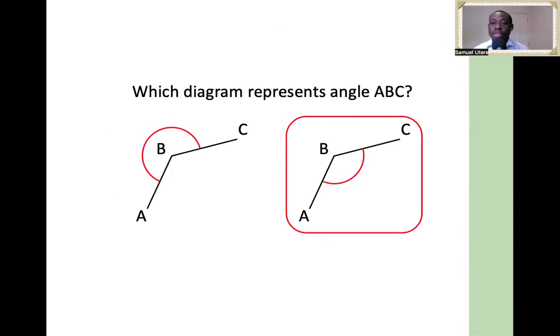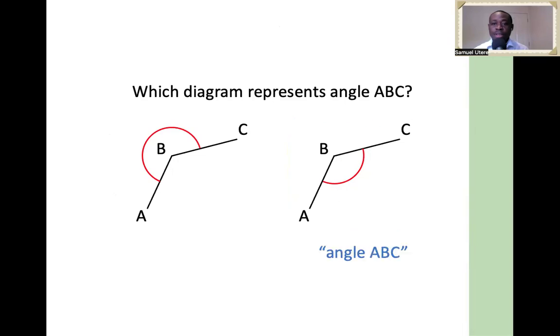But a lot of the time, people would say that this is the correct one, but both of them are actually correct. So what you should do is be more specific. So angle ABC refers to acute and obtuse angles. But when we talk about an angle here, we have to say reflex angle ABC.